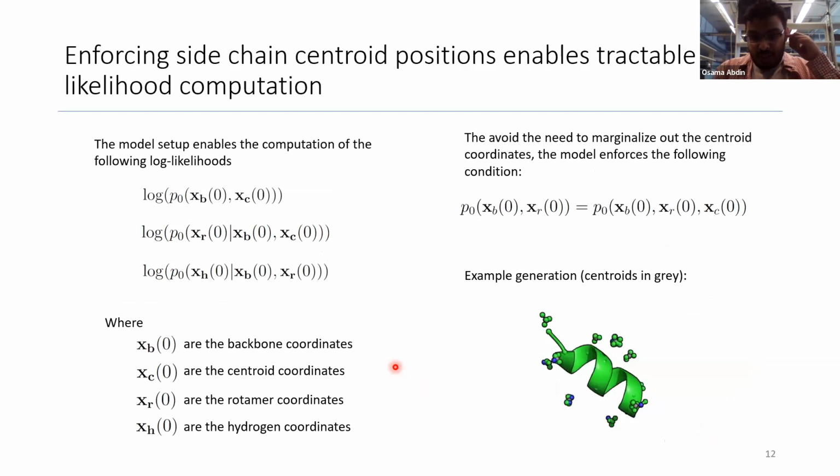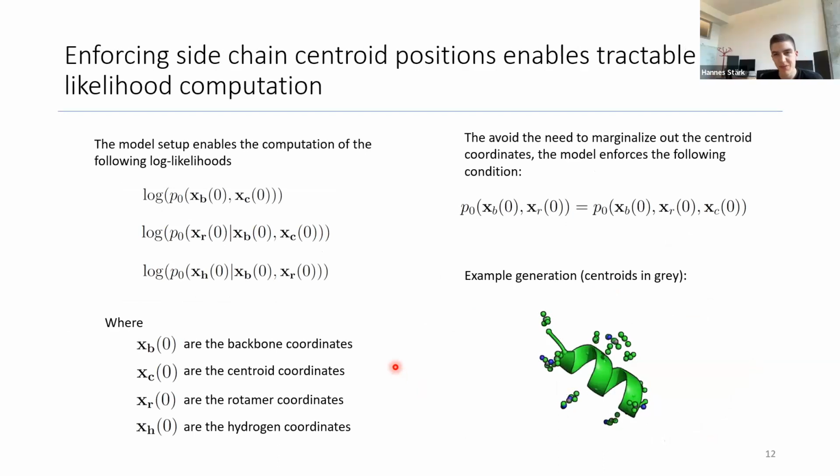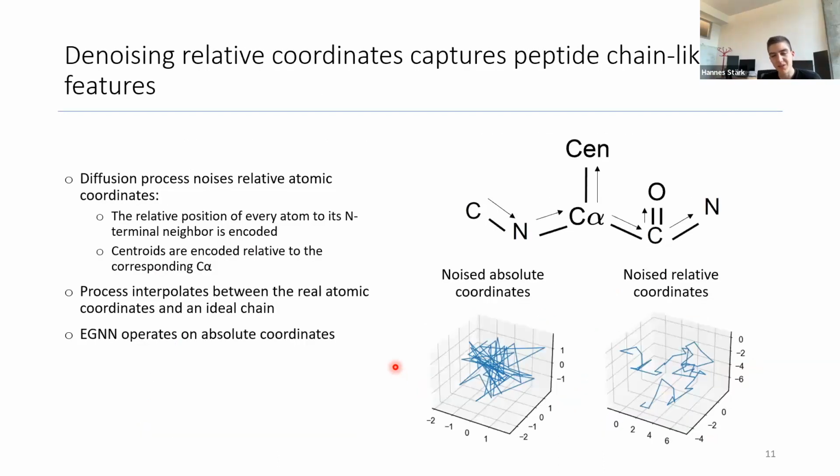So one final thing, can we speak more about that? You're saying you still have the advantage of being able to reason in three-dimensional space, but the things that you're predicting are still 3D coordinates, right? And then you're taking the 3D coordinates, and from those you calculate changes to the relative position.